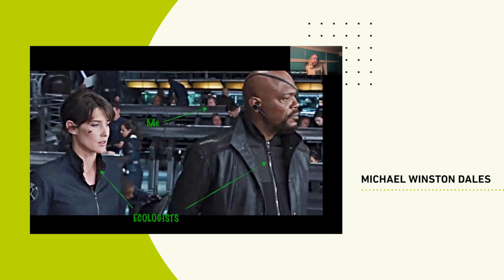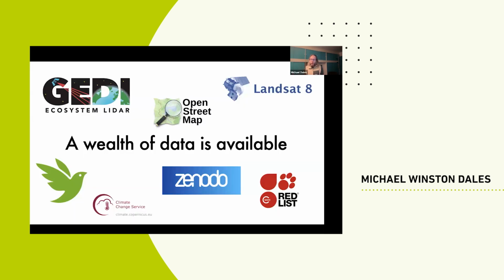There is a large wealth of open and freely accessible data sets about the environment, about animals and what have you. So here's just a small sample of things you can go and download and start playing with today. GEDI on the top left there is a NASA project where they've taken lasers, stuck them to the International Space Station, and fired them down at the planet, and the lasers will reflect off the various layers within forests.